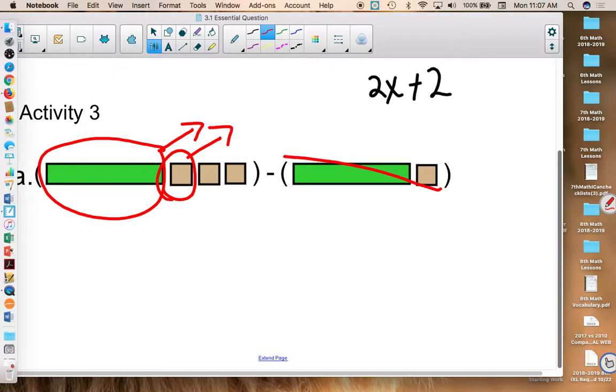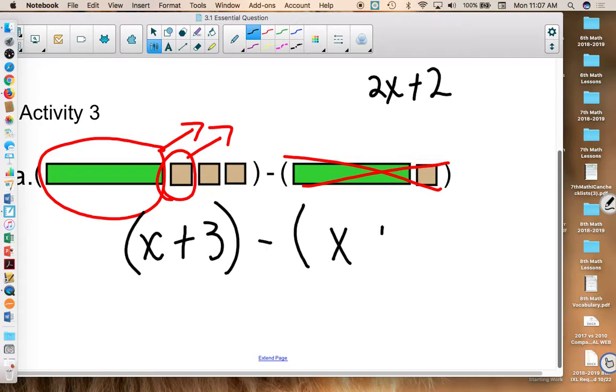So now I've done what that said, and what I have left is 2. I could have written this as x plus 3 minus x plus 1. We said the final answer is 2, right?